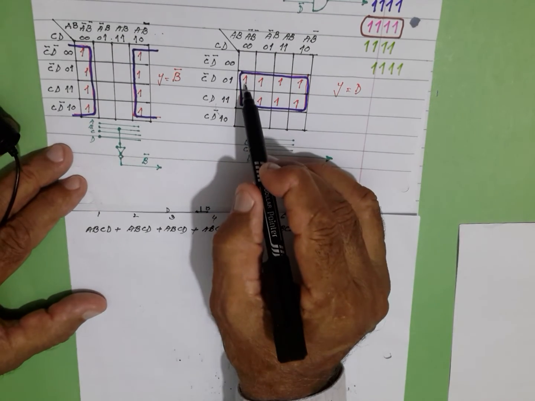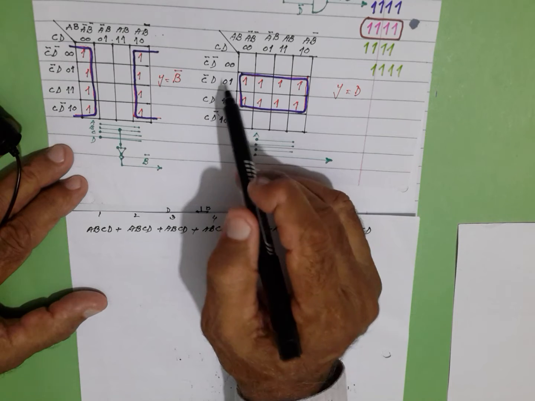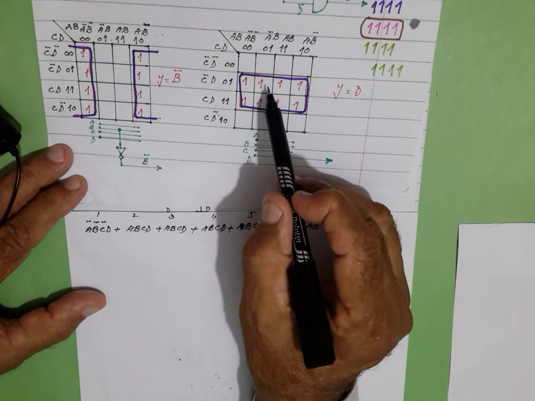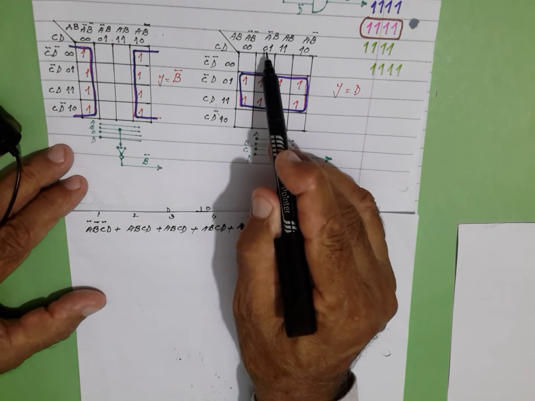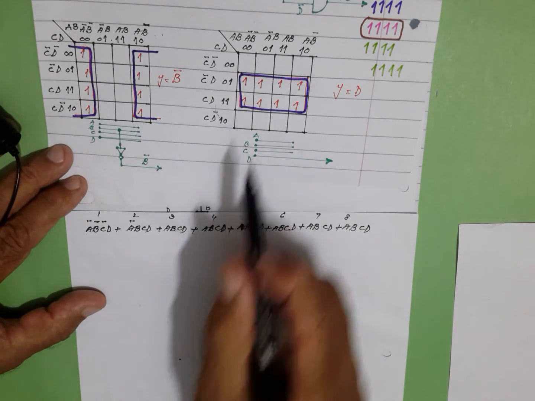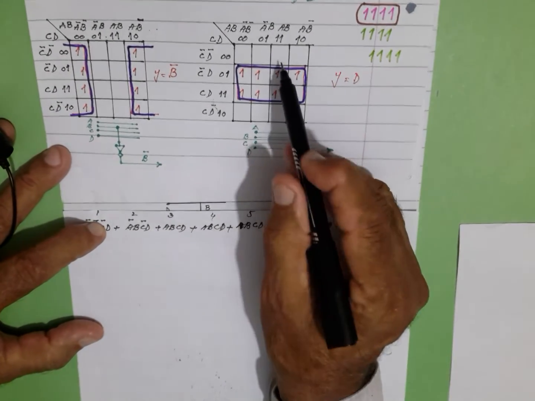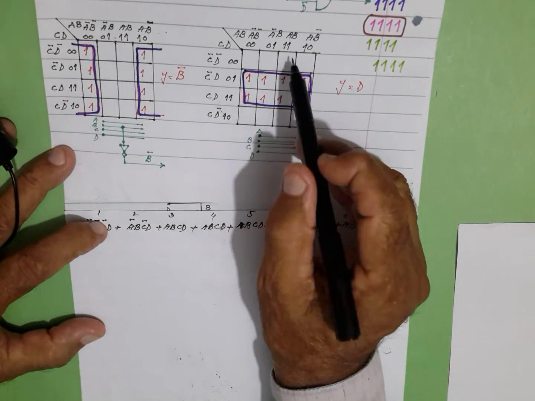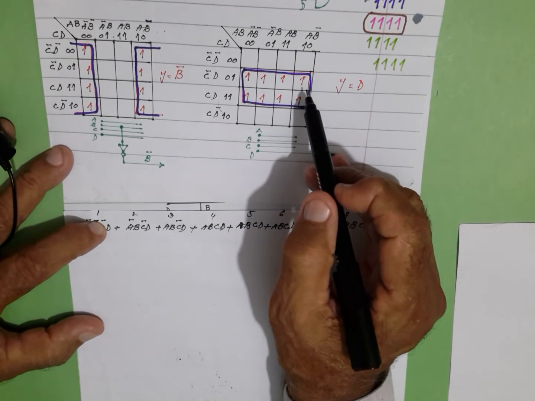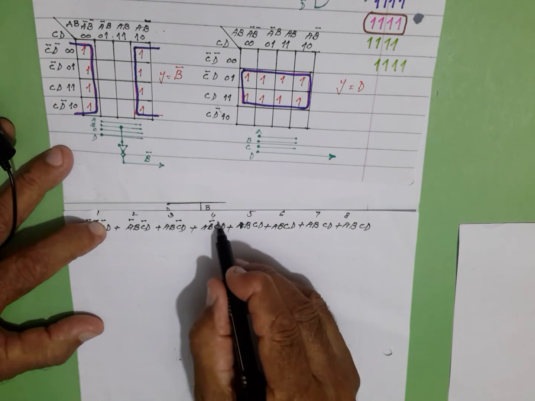The first minterm: we look at the vertical A bar B bar and the horizontal C bar D bar, so it is A bar B bar C bar D. For the second minterm, in the vertical column it is A bar B, with C bar D. For the third, vertically it is A B, horizontally C bar D. The fourth minterm is A B bar C bar D.